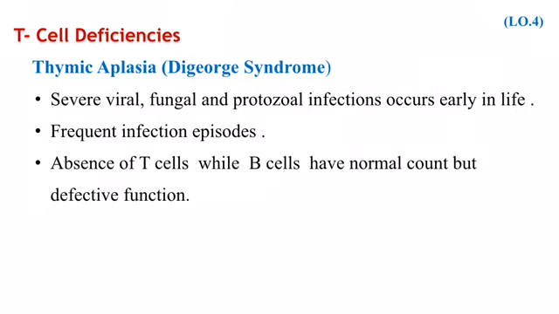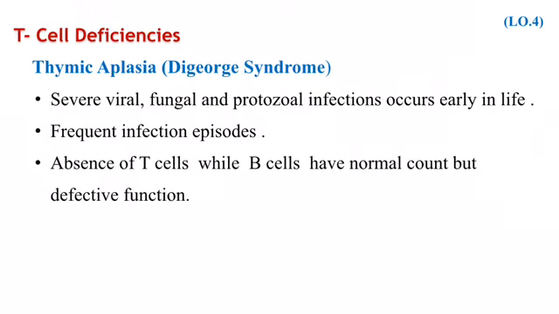They have frequent, recurrent infection episodes, and absence of T cells while B cells have normal count but defective function.